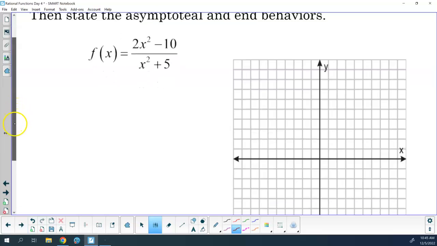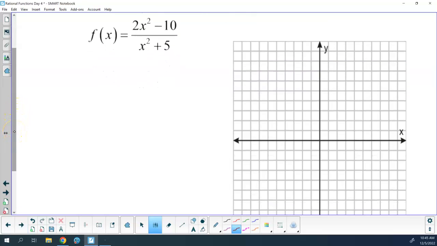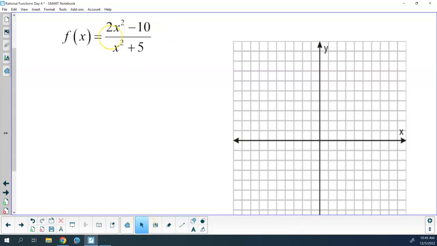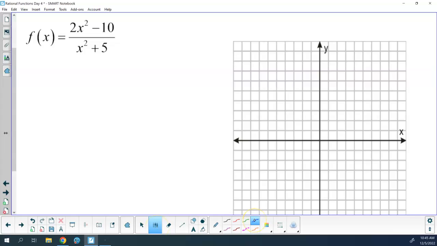So step 1 says we need to set the denominator equal to 0 and find the domain. Right? So what's my domain?